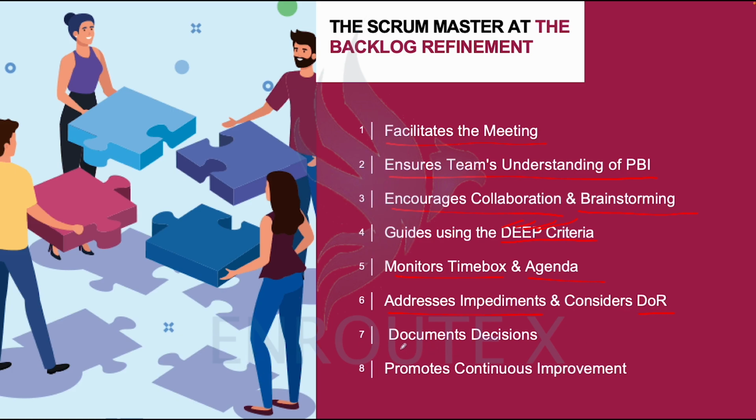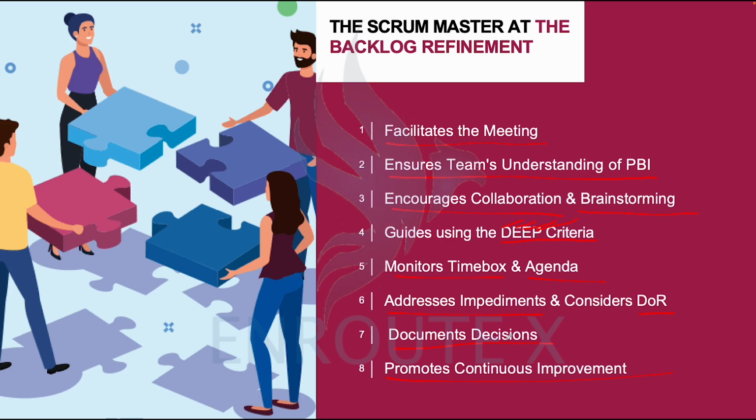He ensures that all the discussions are documented also. Whatever decisions we are able to make, whatever progress we are able to initiate, we document them also for future reference, right? And of course, he is always promoting continuous improvement.